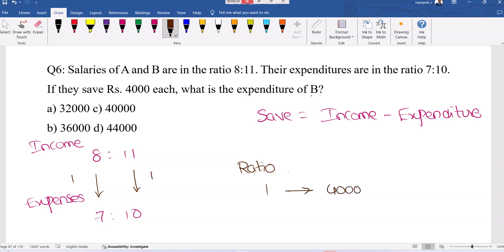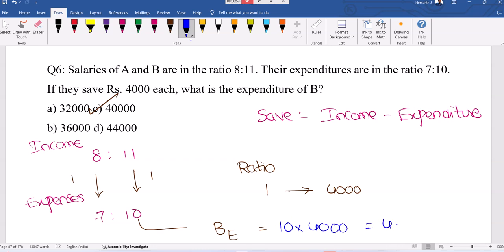Now B's expenditure should be 40,000, because B's expenses are 10. In ratio 1 means 4,000, so 10 means 40,000. B expenses are 10, so 10 into 4,000, which is 40,000.